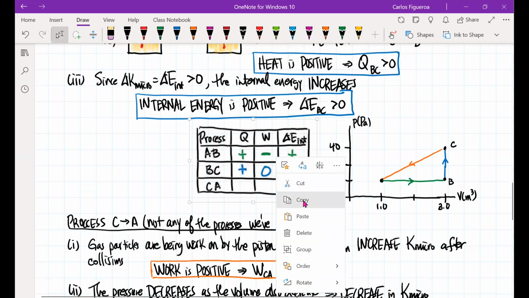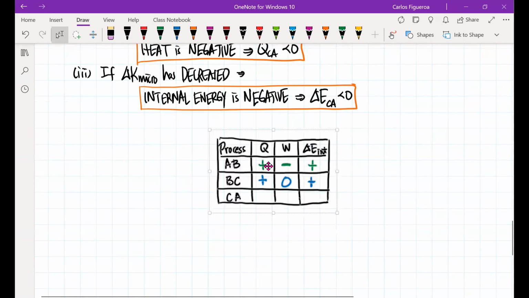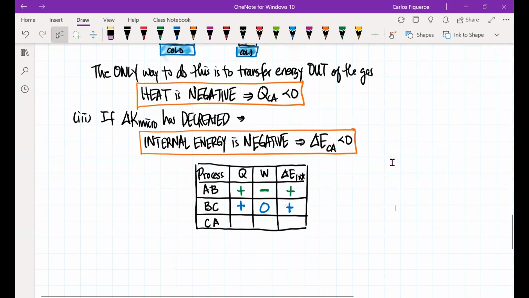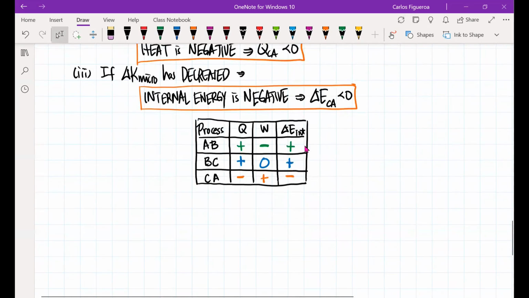If I go get my table, it's going to look something like this. Just following my process, by looking at the physics, you can see that the change in energy is negative, the heat is negative, but the work is positive. So now we have completed this table.